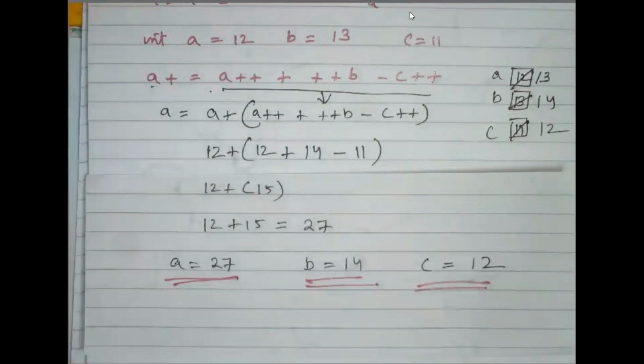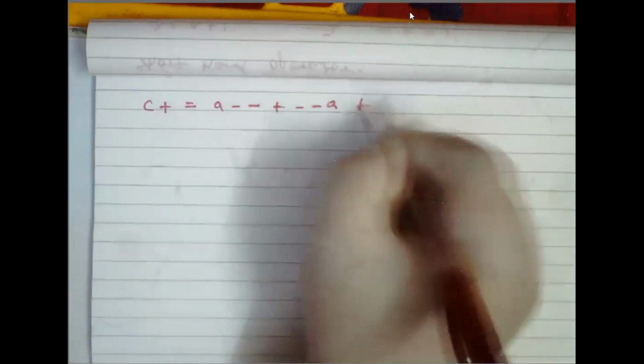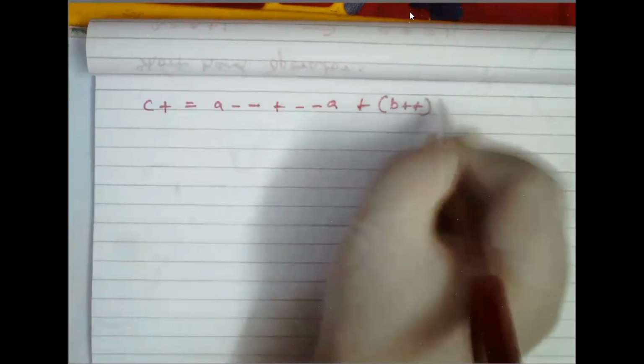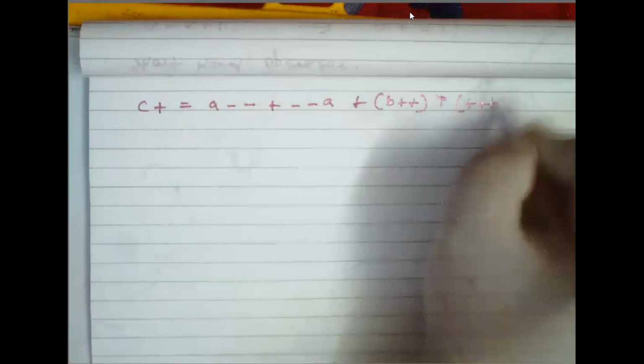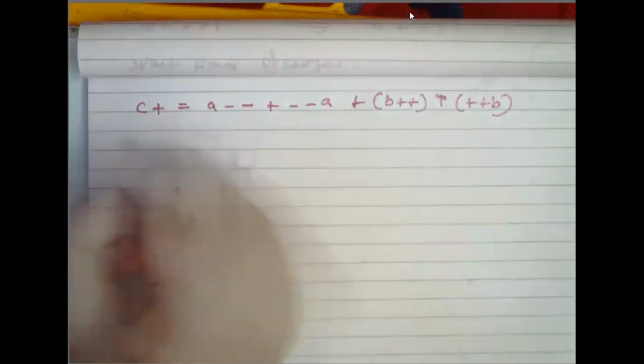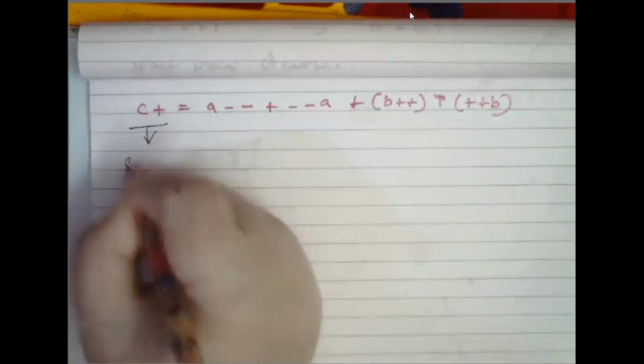Let us solve one more question with the help of the shorthand operator and our increment and decrement operators: C plus equals A minus minus plus minus minus A plus B plus plus into plus plus B. Again, you can see C plus equals is my shorthand operator.